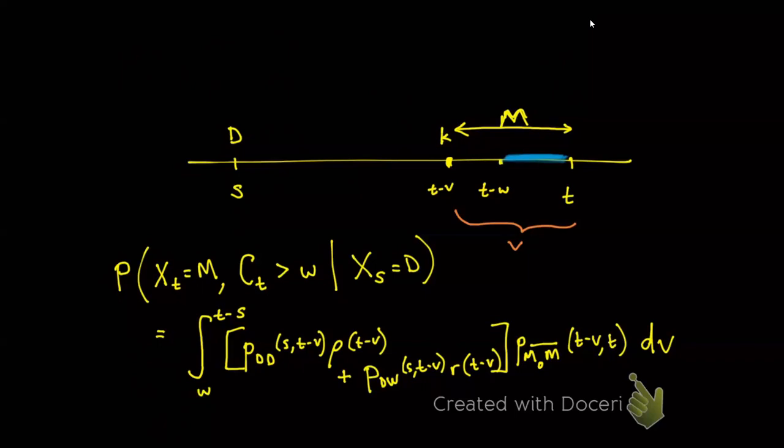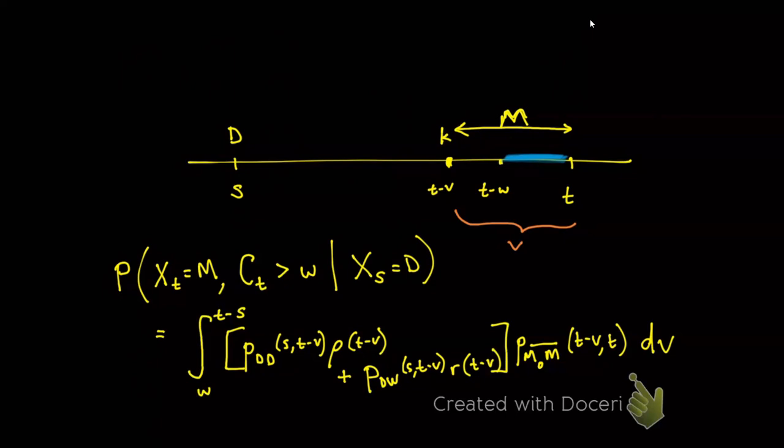So these are the exact probabilities and the transitions that are happening if we consider all the possibilities for V, which is anywhere from W up until T minus S. And that covers how we got the expression for this probability on page 28 of chapter 5.